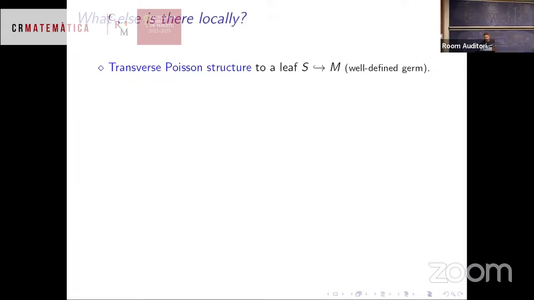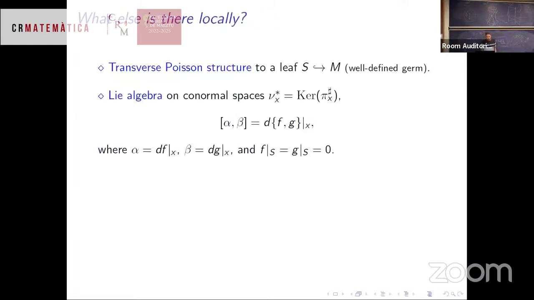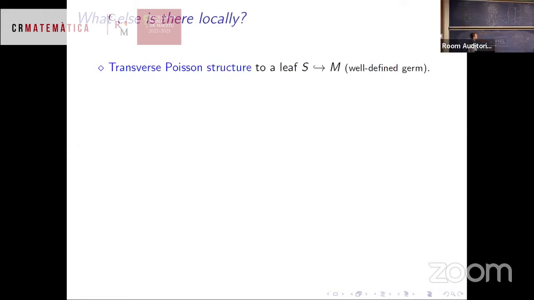So, one thing is, what else is there locally? I told you we have the splitting theorem, and in the splitting theorem there was a symplectic factor and a totally degenerate factor.